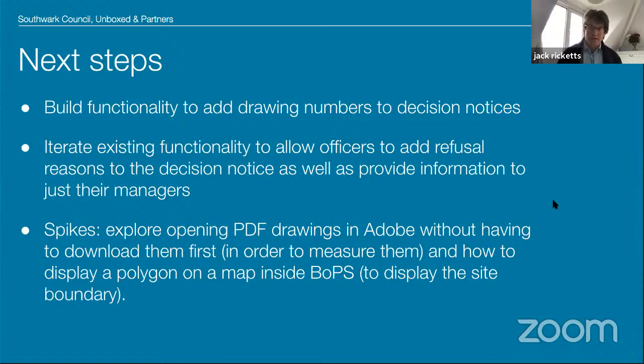Again, we'll continue to iterate to allow officers to add their refusal reasons, why they're recommending an application be refused, and adding that to the decision notice, because obviously that will have an impact on whether an applicant decides to appeal that. And we've been working with the planning inspector as well, so we'll continue to iterate that.